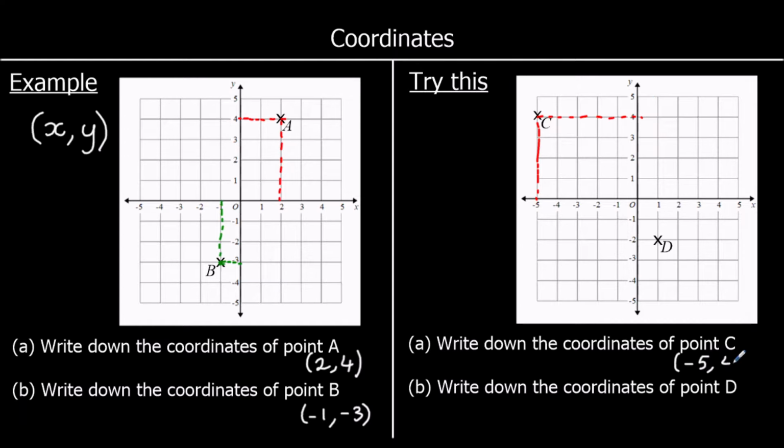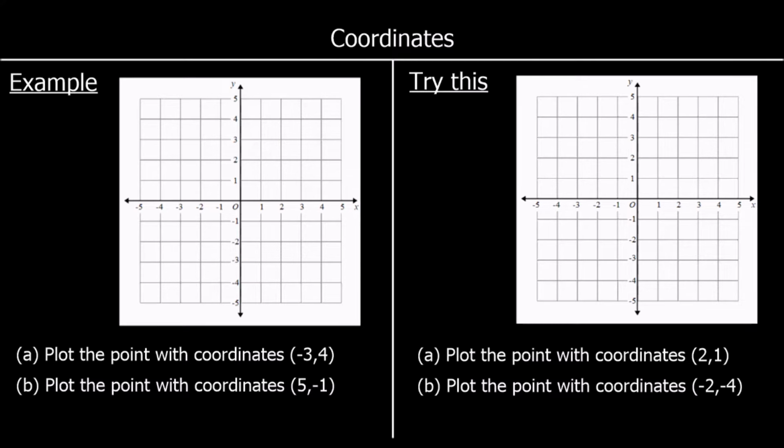So (-5, 4). And then D, so again x first, and that is 1, comma, and then its y coordinate is -2. So (1, -2).